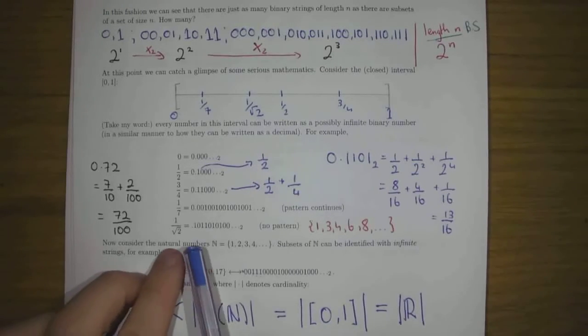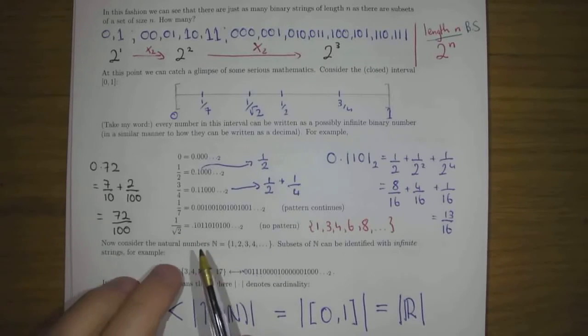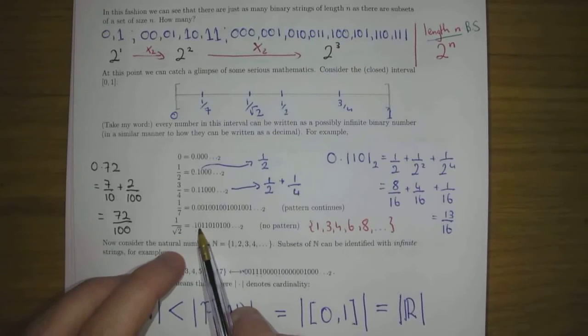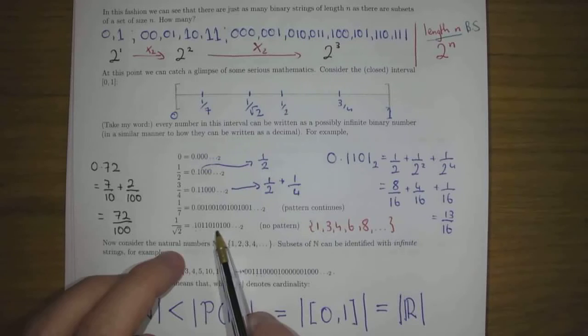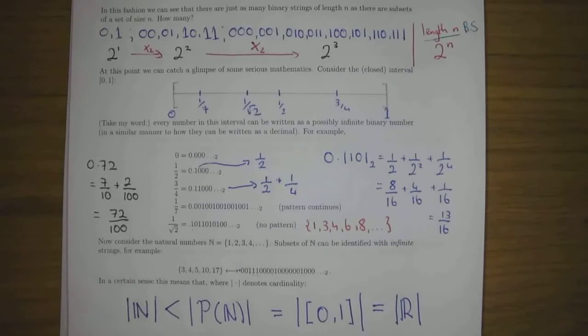Take a binary number and say that these are the answers to, is this in my subset? So for example, 1, yes. 2, no. 3, yes. 4, yes. 5, no. 6, yes. 7, no. 8, yes. 9, no. 10, no. And keep on going. You will produce a subset of the natural numbers.